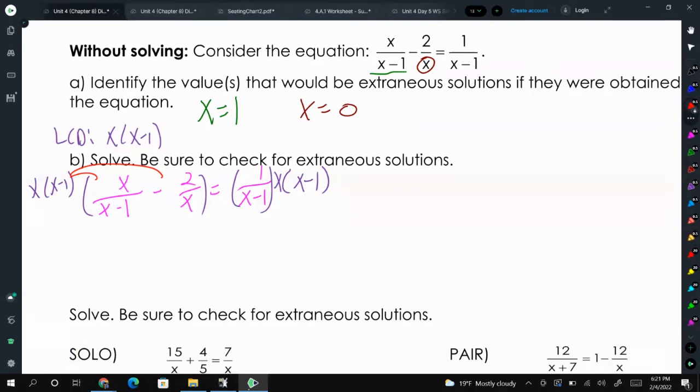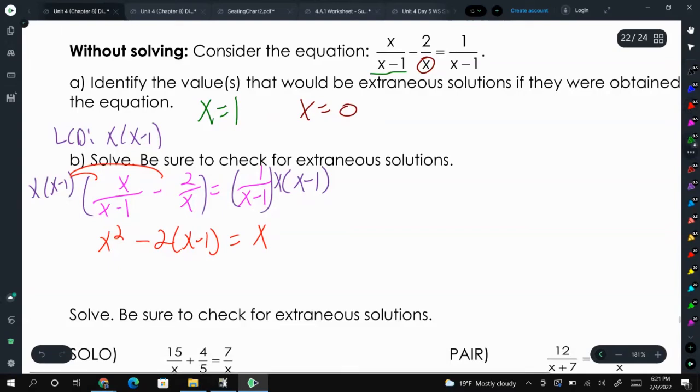So in the first one, the x minus 1s would cancel. So I'm going to be left with x squared minus, and the x's will cancel. So 2 times x minus 1 equals, the x minus 1s will cancel, so x. And we can distribute this. Or not if you want, you need to at this point.